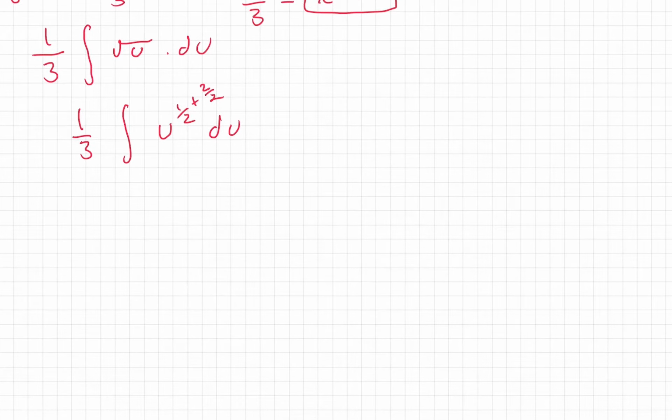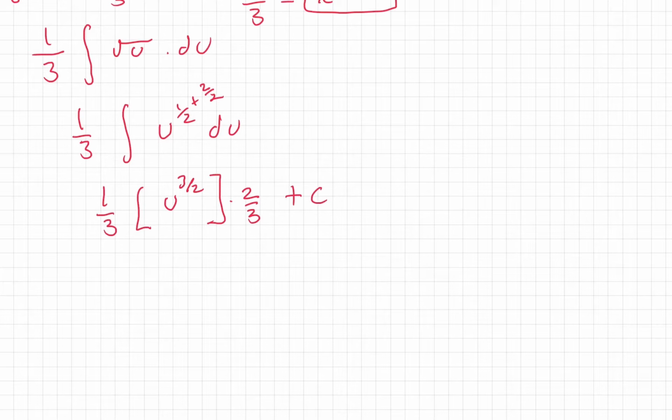So now we're going to have 1/3 u to the 3 halves. And then remember, the power that you add is the one that you divide by, so you're going to have times 2 over 3. Then you add your constant, plus c.